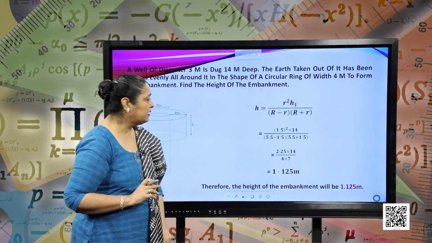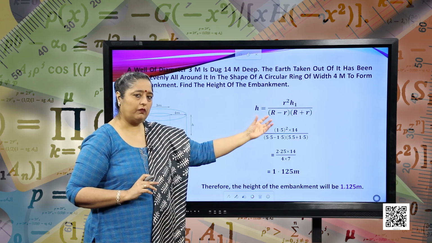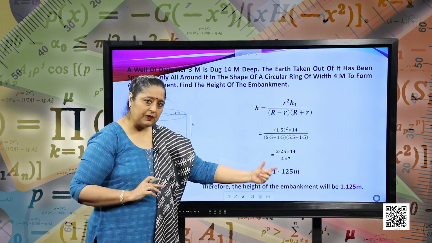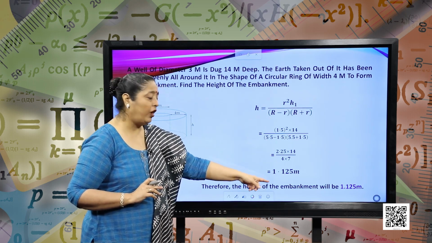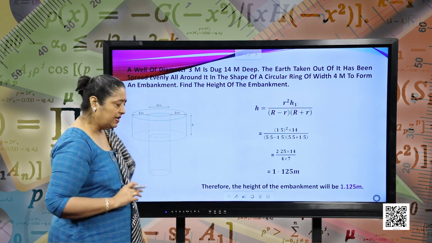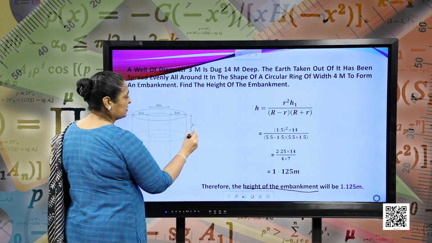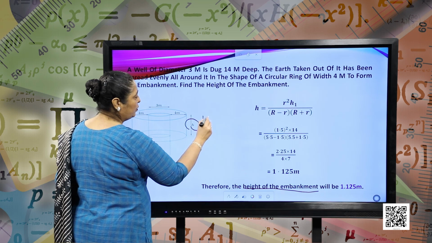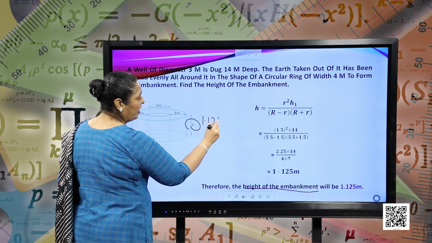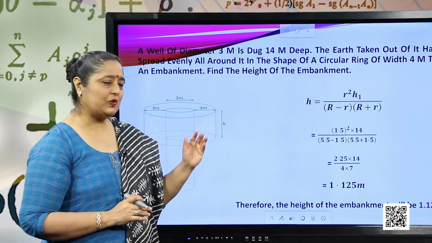Now, all we need is to substitute the values. Substituting the values and simplifying, we have 1.125 meters. This is the height of the embankment, which comes out to be 1.125 meters. I hope this question is clear.